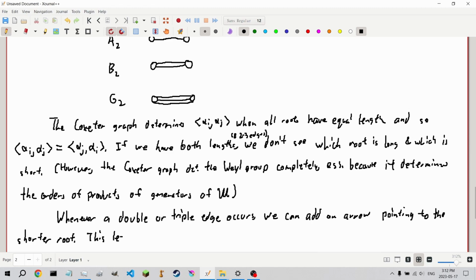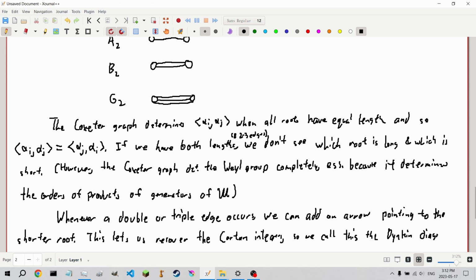This lets us recover the Cartan integers, and hence the Cartan matrix, and hence the root system. So we call this new version the Dynkin diagram.